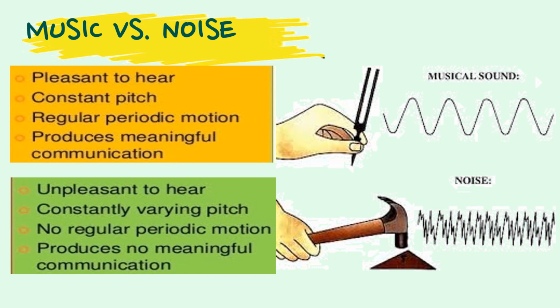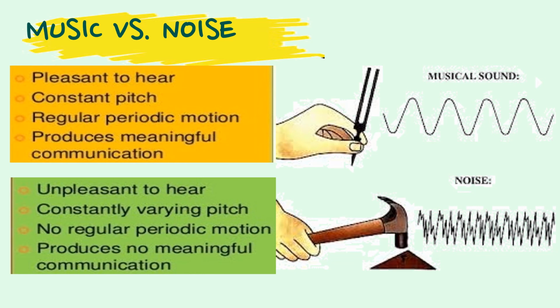It has constant pitch, and it has regular periodic motion as shown on the screen. And when we talk about noise, it is unpleasant to hear, with constantly varying pitches and no regular periodic motion. It eventually produces no meaningful communication at all. It disrupts our mind, and eventually it confuses us. It does not give any pleasure to us.